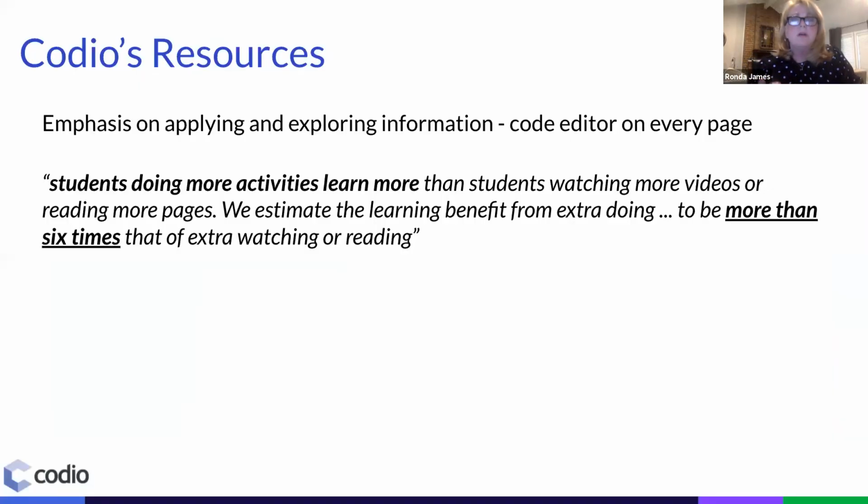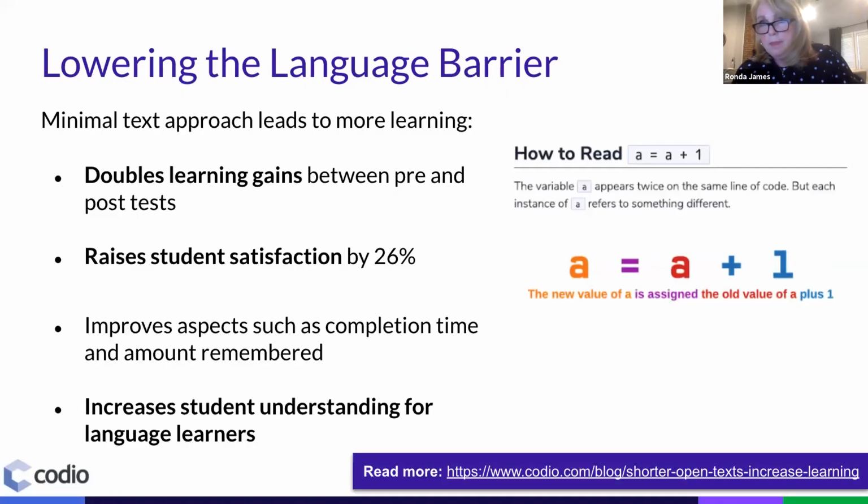This is phenomenal to me, that research shows that instead of passive learning, by active learning, students learn up to 6 times more than what they would do if they were just watching or reading. Because we add tables and images and we make it fun to look at, we use minimal text. And what we want to do is to break down that big wall of text that is overwhelming, because coding is hard enough to teach as it is.